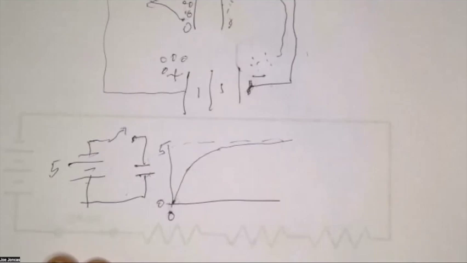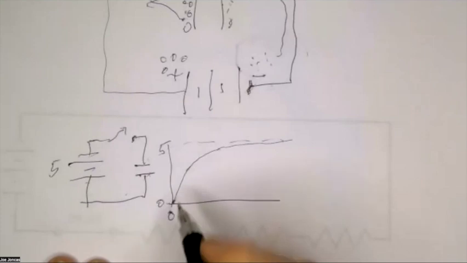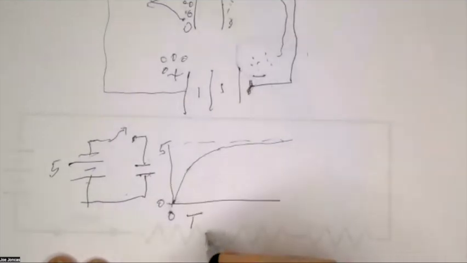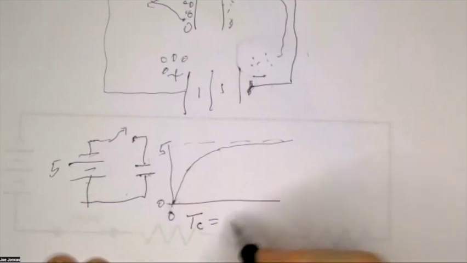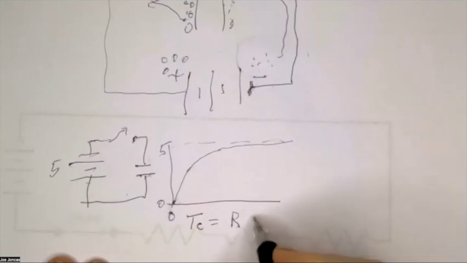We are going to be discussing time constants. The resistance times the capacitance: the time constant of the capacitor is equal to R times C.